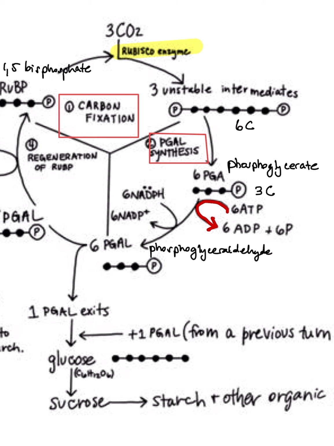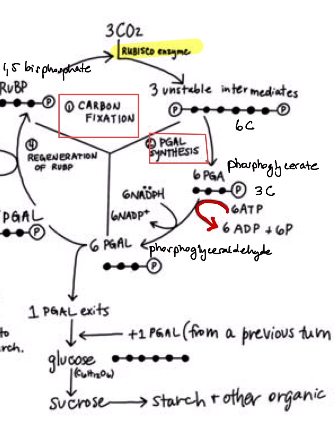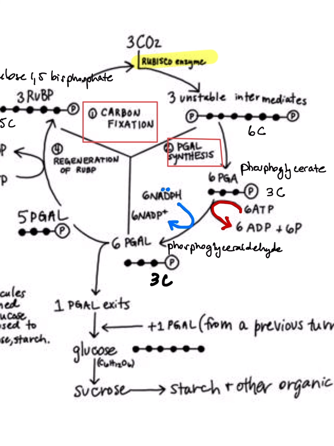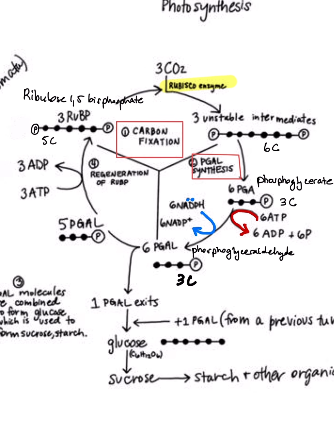We also will need some of the NADPH to come in here from our light-dependent reactions. Of course, that's where the electrons were picked up, and so the electrons are going to be released here, and an oxidation is occurring there, and it is reducing phosphoglycerate into phosphoglyceraldehyde. So phosphoglyceraldehyde is still a 3-carbon molecule, and it will next, in the next step, exit the cycle.